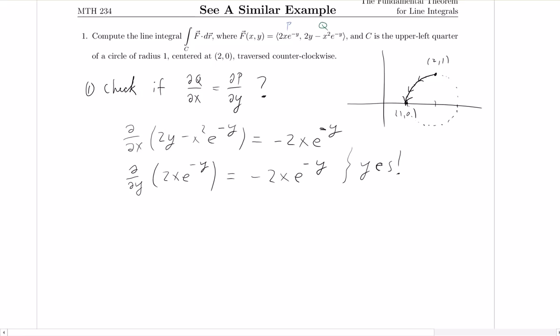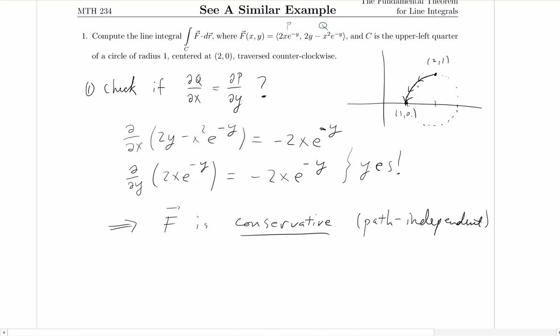So that means that f is conservative, or path independent. In other words, it doesn't matter what path we take from the point 2, 1 to the point 1, 0.